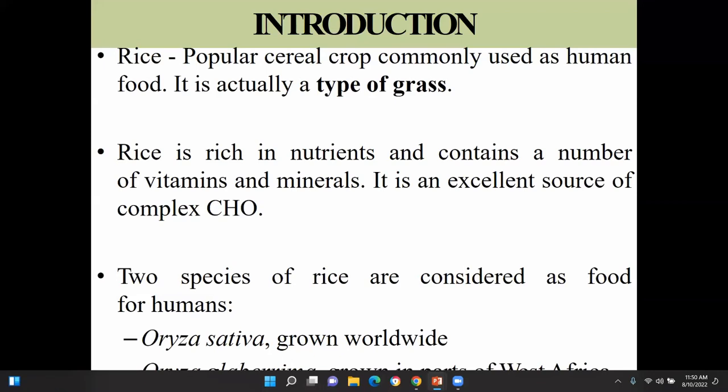Rice is rich in nutrition and high in the number of vitamins and minerals. It is an excellent source of complex CHO. Okay, normally CHO means carbon, I guess.